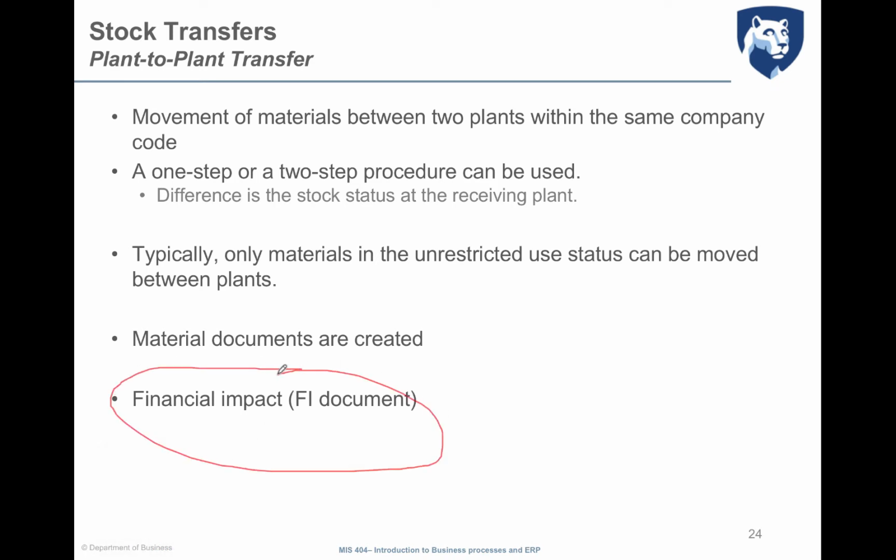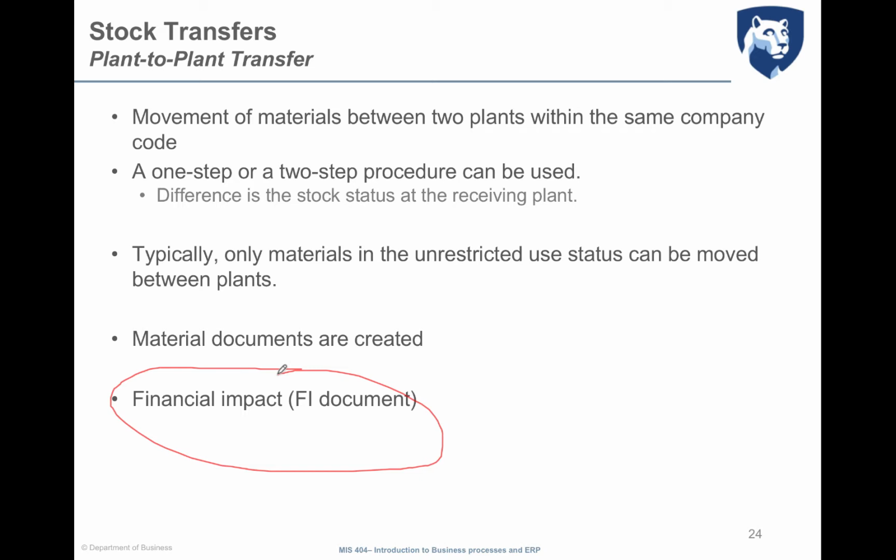And in particular, one financial document is created independently from the fact that we use a one-step or a two-step movement. Of course, in the two-step method, the financial document is created at the time of the issue, when the accounting impact practically occurs. While instead, no financial document is created at the time of receipt, because material is just in transit. So the revaluation has not taken place yet.